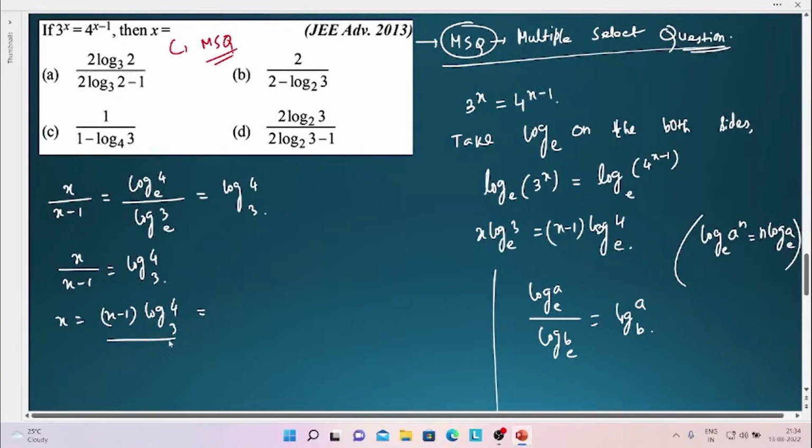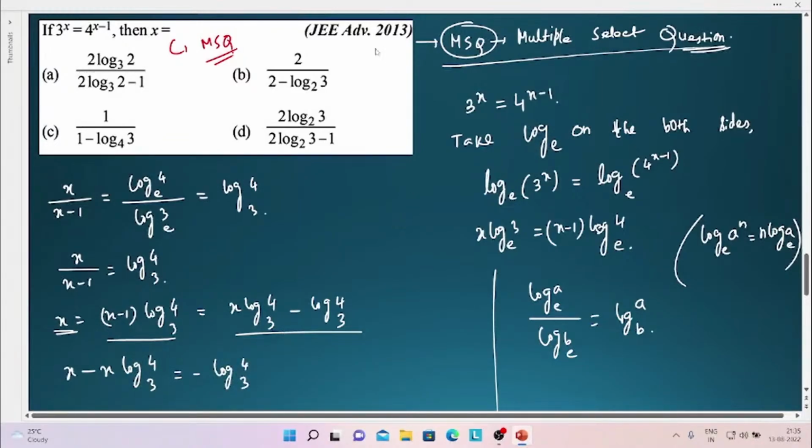Let me expand that: x equals x log 4 base 3 minus log 4 base 3. If I take the x terms to the left side, it is x minus x log 4 base 3, which equals minus log 4 base 3.